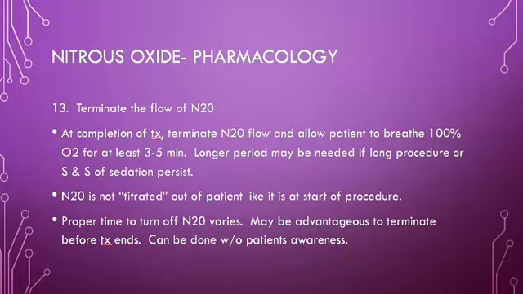And as long as they have come back to normal, then it's okay to turn off the nitrous oxide oxygen system and then have the patient get up out of the chair very slowly, maybe starting in a sitting position with their feet on the ground. Have them pump their legs a little bit so that some of that blood will rush back up to their head before they get up.